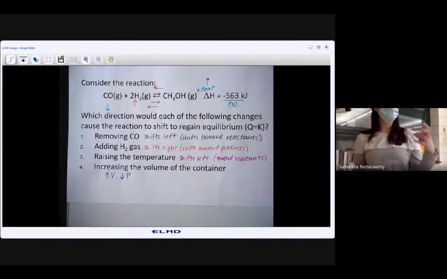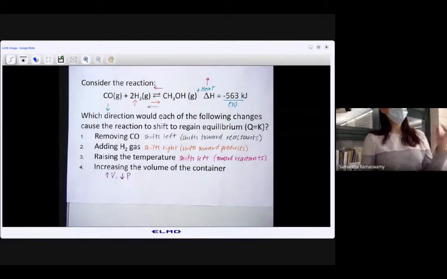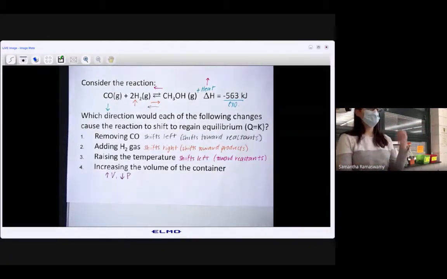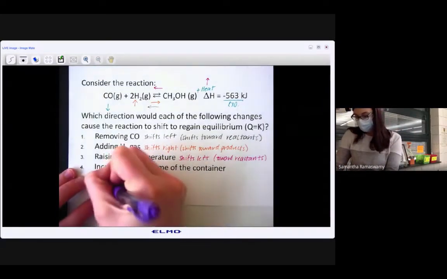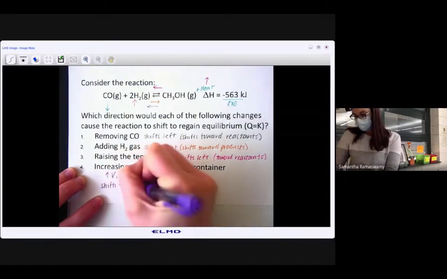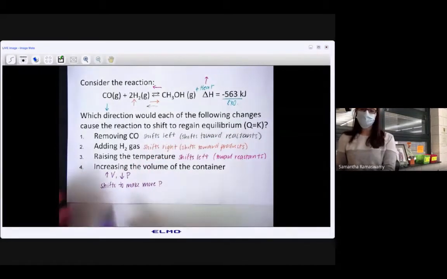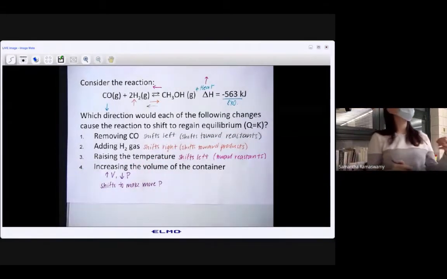That's the change we're making to equilibrium. But to remain at equilibrium, it needs a certain pressure. And so what needs to happen is it needs to shift to make more pressure.